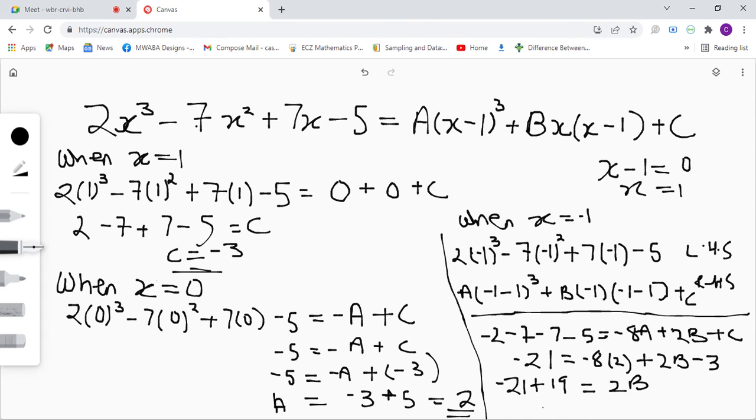Negative 21 plus 19, that gives us negative 2. Negative 2 equals 2b. So I'm going to divide both sides by 2, all right? So negative 2 divided by 2, that gives us negative 1. So our b value is negative 1. Okay, b is negative 1, a is 2, and c is negative 3.